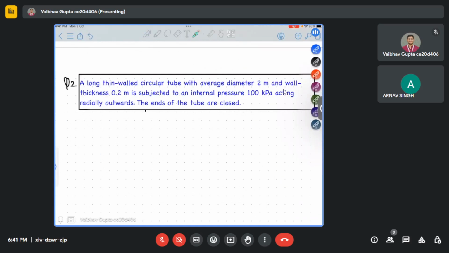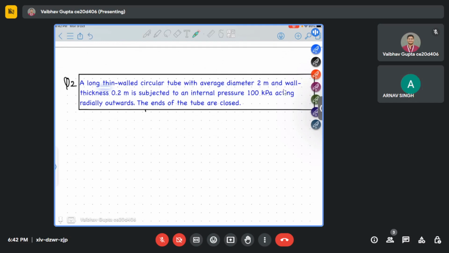See, a thin-walled circular tube with average diameter or mean diameter are same, 2 meter and wall thickness 0.2 meter, is subjected to an internal pressure 100 kPa acting radially outwards. The ends of the tube are closed.